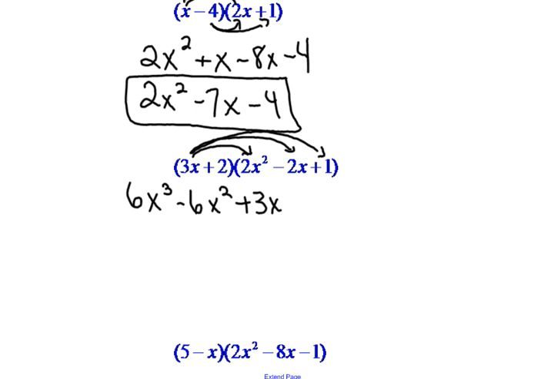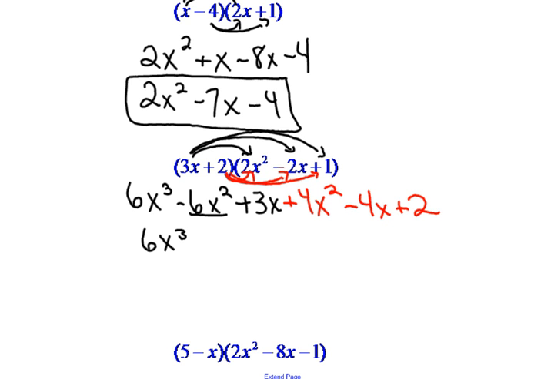Then we're going to distribute the 2. 2 times 2x is 4x squared. 2 times negative 2x is negative 4x. And 2 times 1 is 2. And then we combine our like terms. There's nothing to add to the 6x cubed.